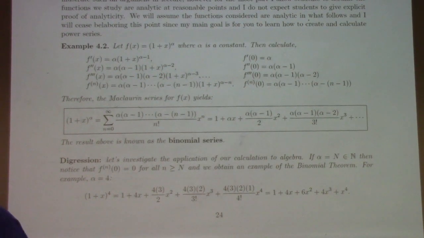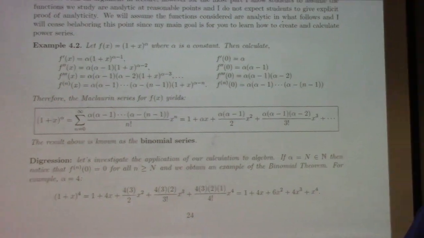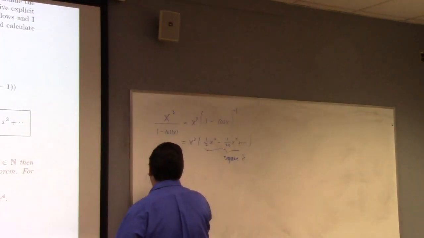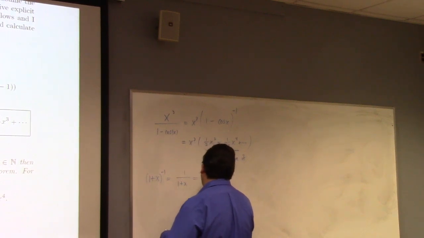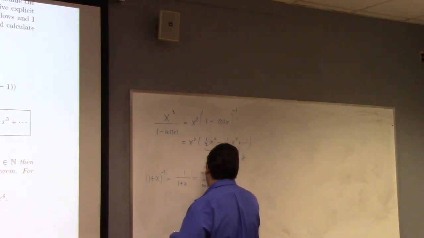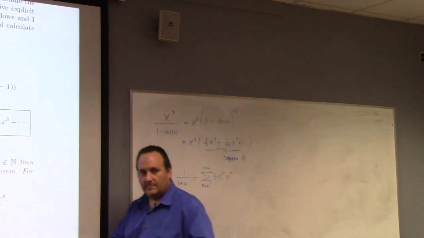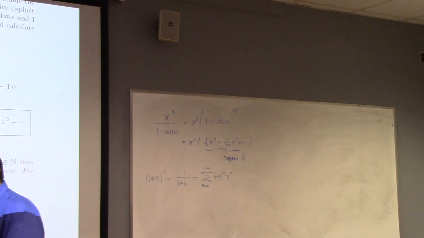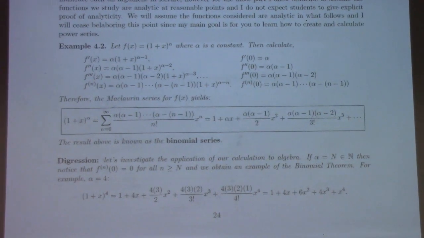And you already know what happens there. 1 plus x to the -1 is 1 over 1 plus x, which is the summation n equals 0 to infinity of (-1) to the n, x to the n. So that's a place where the binomial series overlaps with the geometric series. So sometimes you can bring more than one tool to bear on a problem, like this one, that one there.